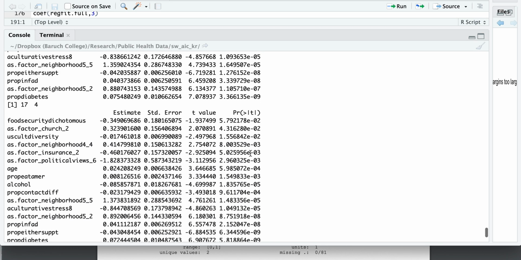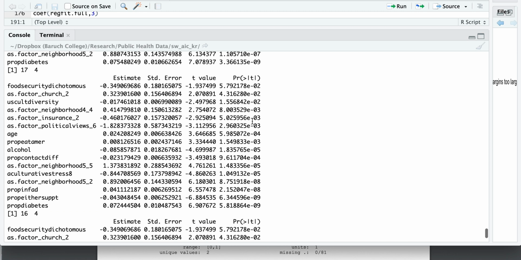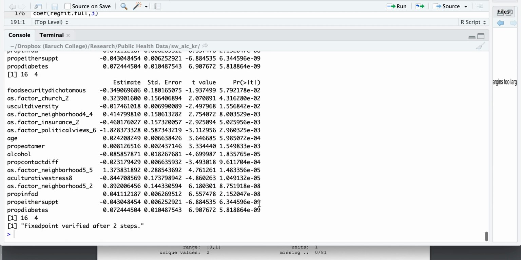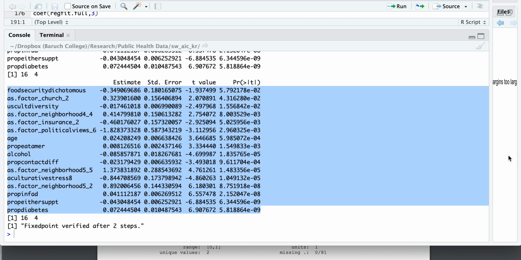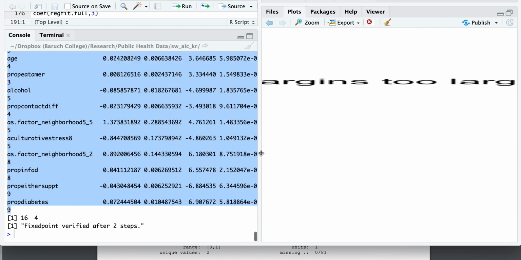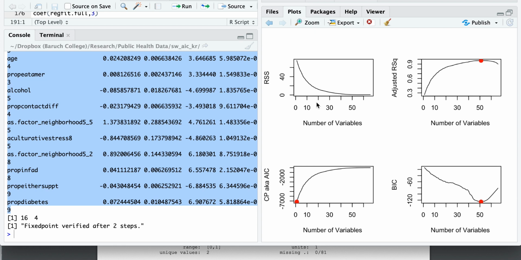And then at this step, there is nothing greater than 0.1, and we just end here and end of the story. And 16 variables is more reasonable to me given this residual sum of squares.